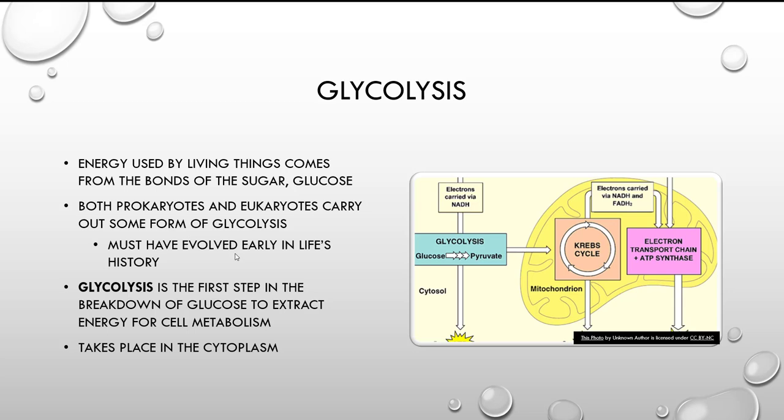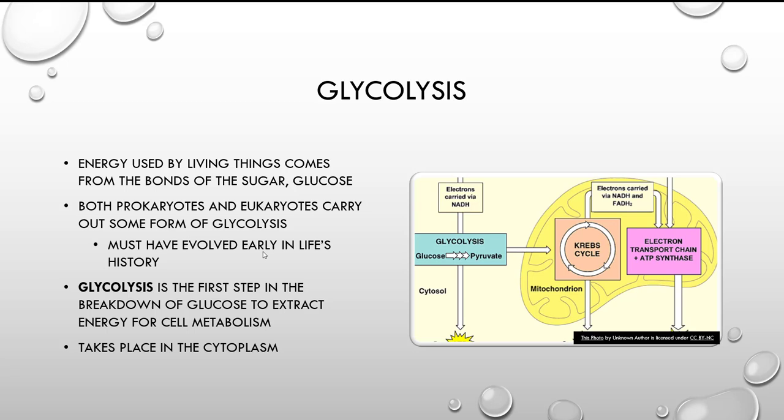Okay, so since all living things, from prokaryotes to eukaryotes, utilize glycolysis in some form or another, we think that it must have evolved very early in life's history. Okay, so we talked about life's history early in topic 1. So, way back then when we just had the primordial soup of life, we think that glycolysis evolved very, very early on.